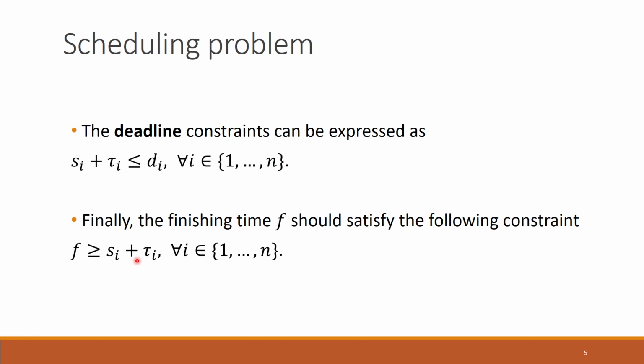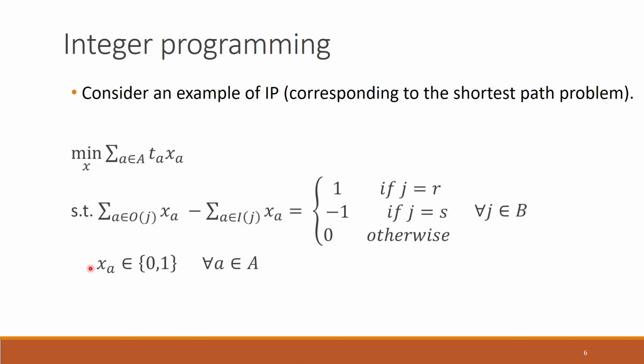And for all the other tasks that are getting executed before this last task, f will be greater than their starting plus execution times. Okay. So, with this we have discussed the scheduling problem. We discussed a lot of these combinatorial optimization problems, starting from the knapsack problem, the coverage problem, the traveling salesman problem, the scheduling problem, and so on.